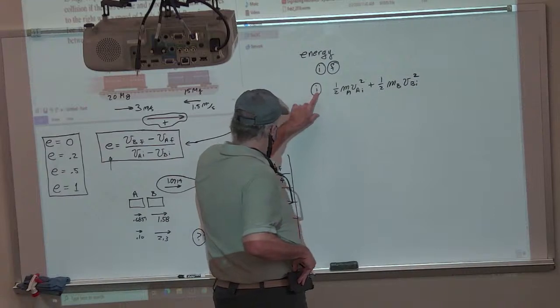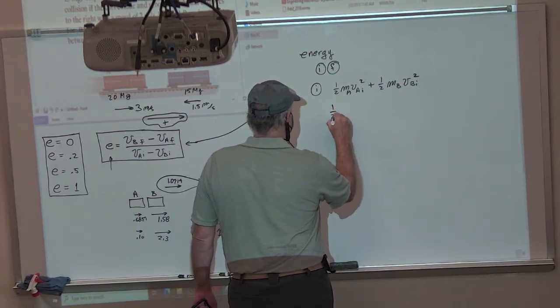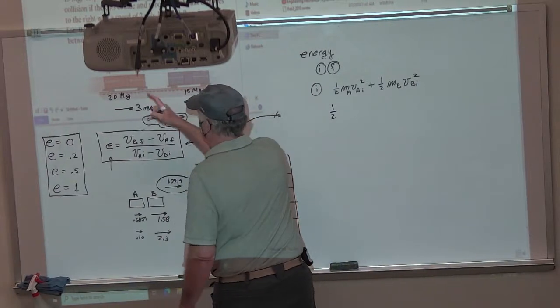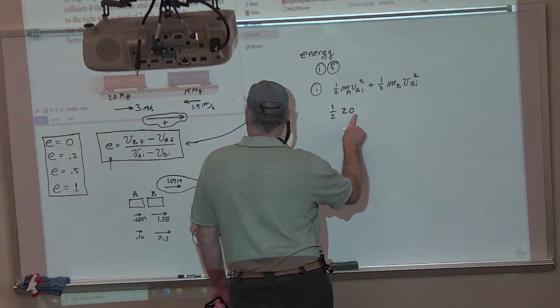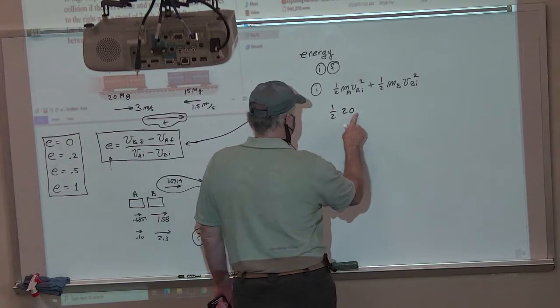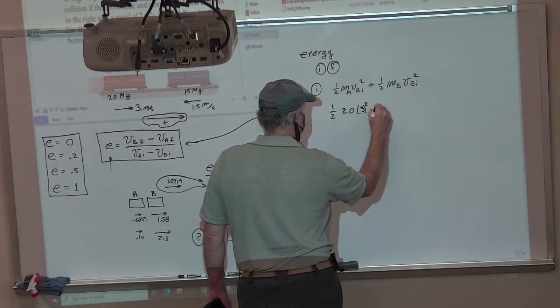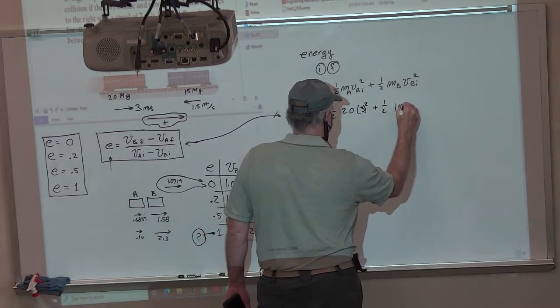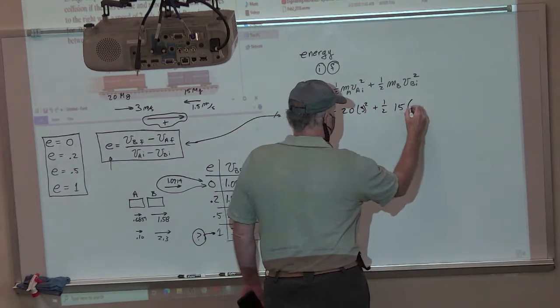So let's do the initial energy. Here, I'll take A. It was 20, and again, I'm dropping the 10 to the 6th here. 3 squared plus 1/2, 15. Now, it doesn't matter whether this is going left or right.